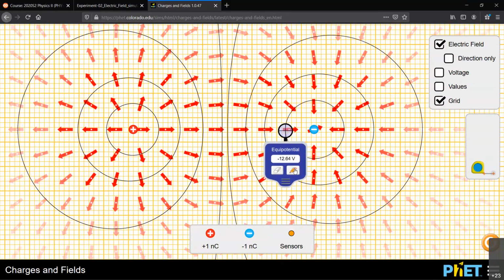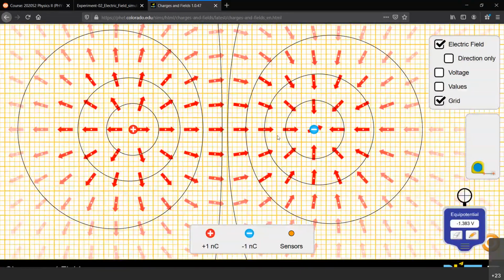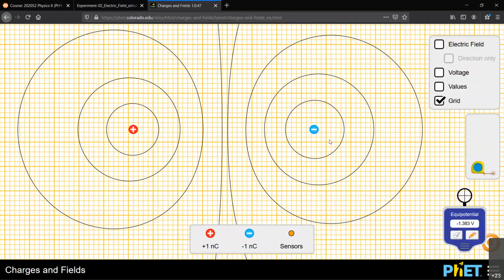See that behavior? Very close to each point charge particle, the equipotential line is circular around that charge particle, in the middle it is more linear, and on the other side it circles around the other charge particle. These black lines are the equipotential map for the 2 point charge particles, which look like a dipole.